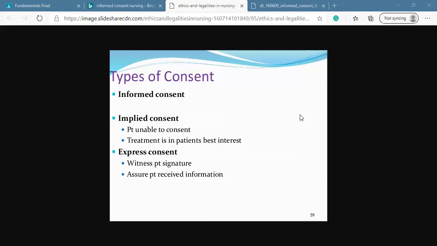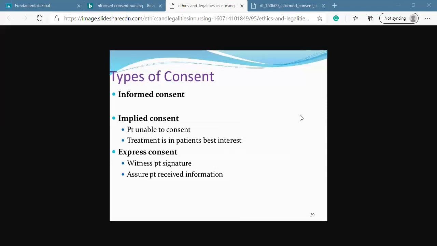After explaining the risk factors and the benefits, it is the patient's right to make the decision, right? This is called autonomy. The patient has the right to make his or her own decision. If the patient agrees with you, then they give the signature.